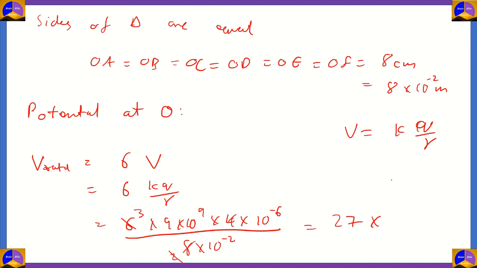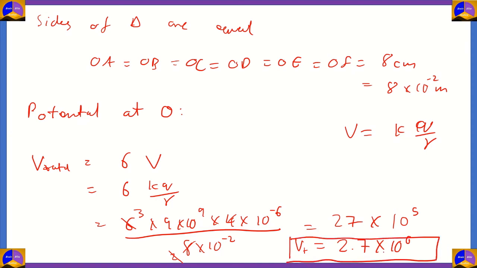So therefore you will have 10 cubed divided by 10 raised to minus 2, so that is 10 raised to 3 minus 2, so that is 10 raised to 3 plus 2, which is 10 raised to 5. So therefore the total potential is equal to 2.7 into 10 raised to 6 volts.